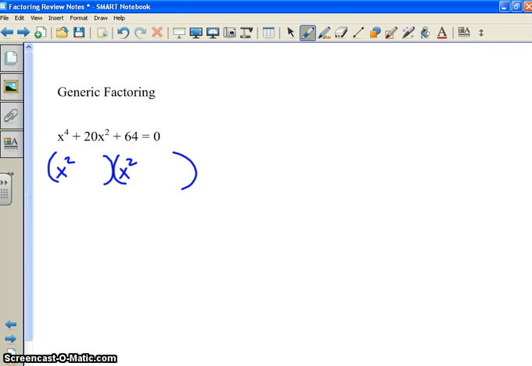And then in the backs of the parentheses, I'm looking for numbers that multiply to 64 and add or subtract to 20. This goes along well after the last problem because 4 times 16 is 64, and 4 plus 16 happens to be 20. Now notice both of my signs are pluses in my trinomial, so both of my signs are pluses in my binomials.